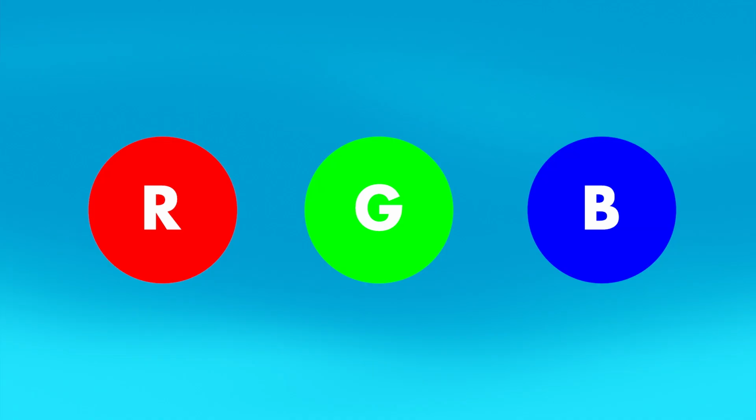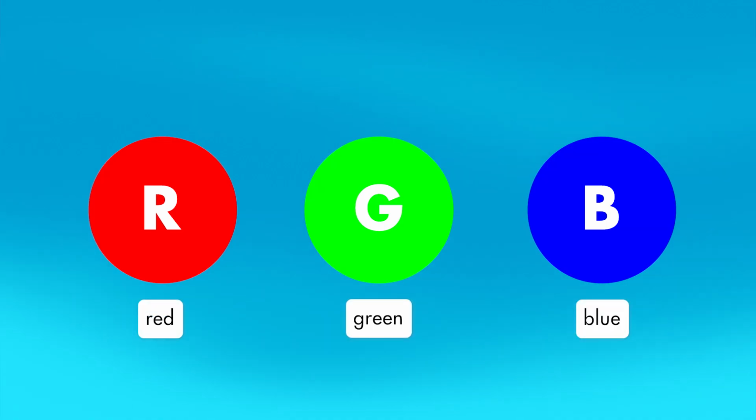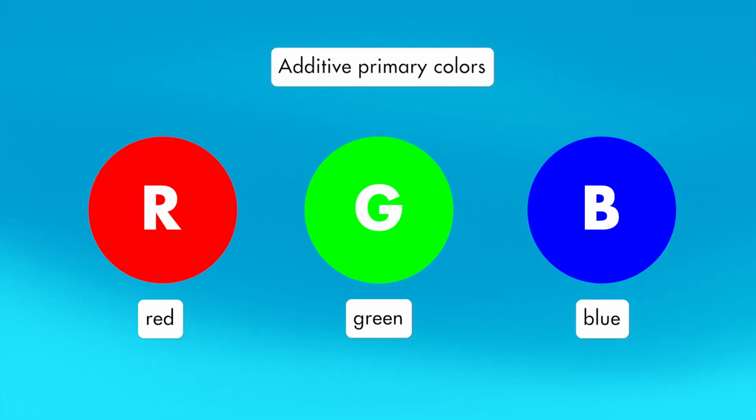To explain how we see other colors, we need to understand additive color mixing. The colors red, green, and blue are called additive primary colors of light. They are called primary colors because they cannot be formed by mixing other colors of light.